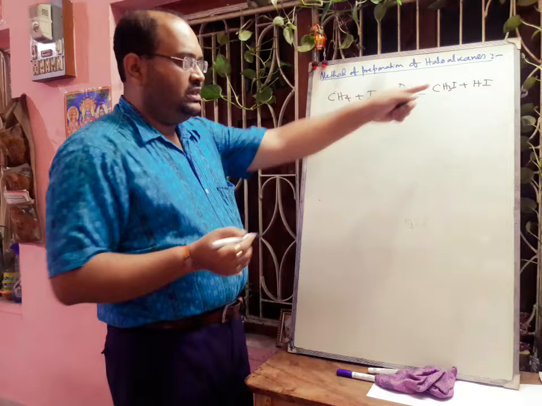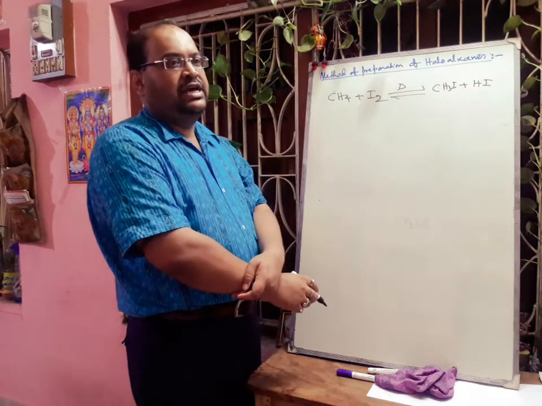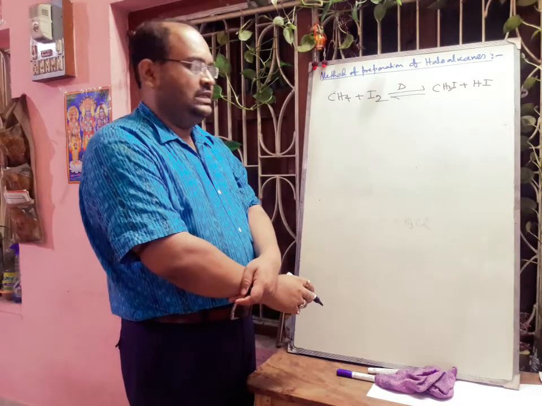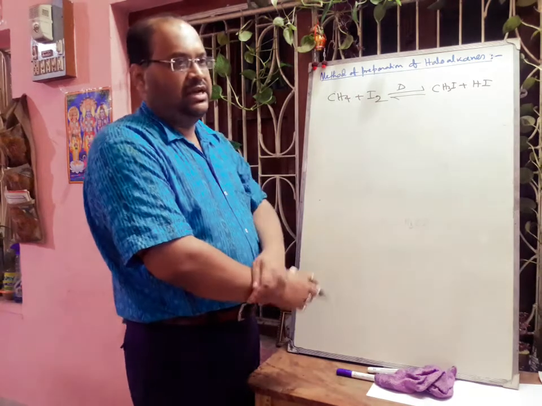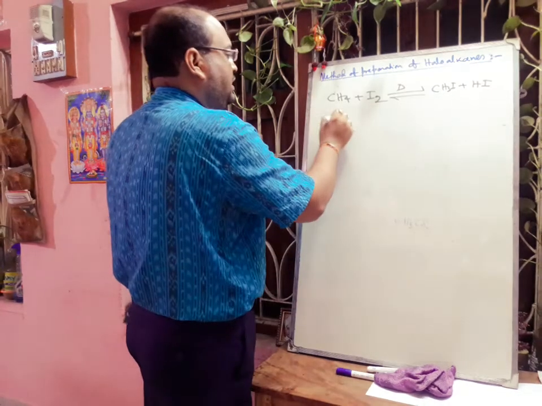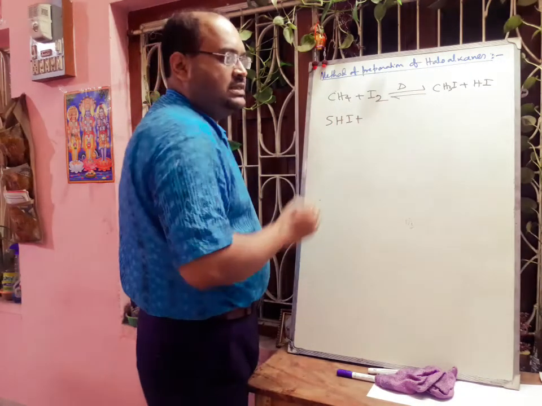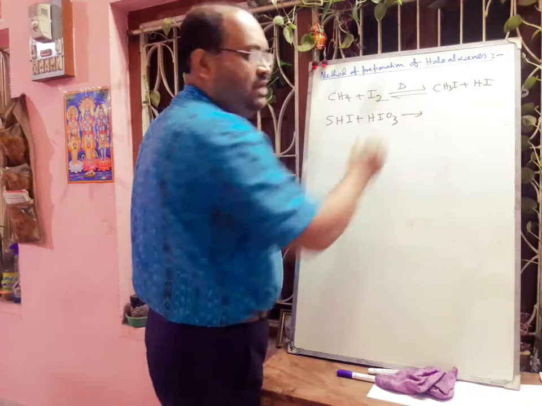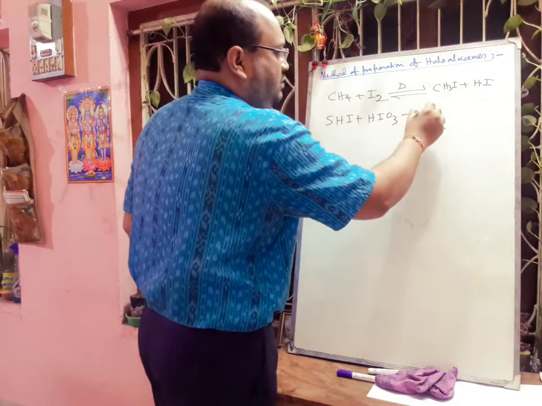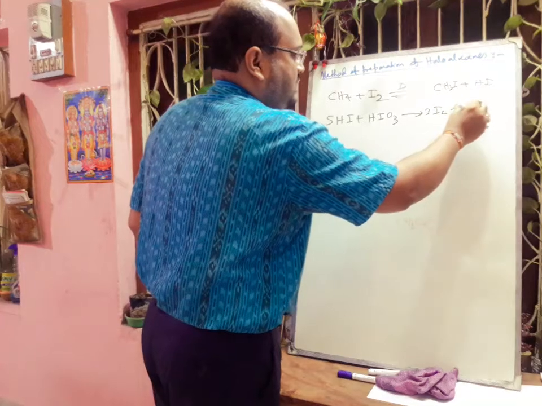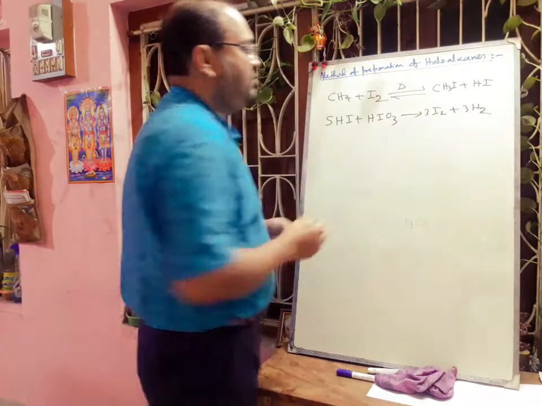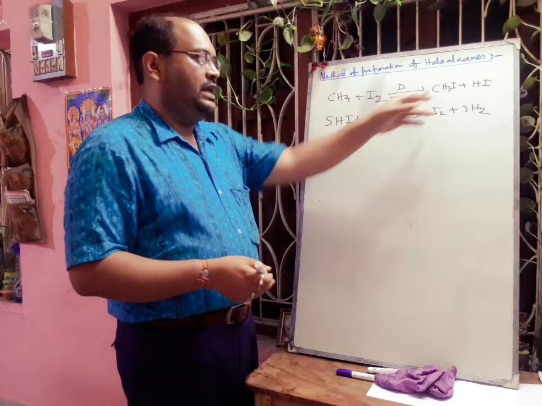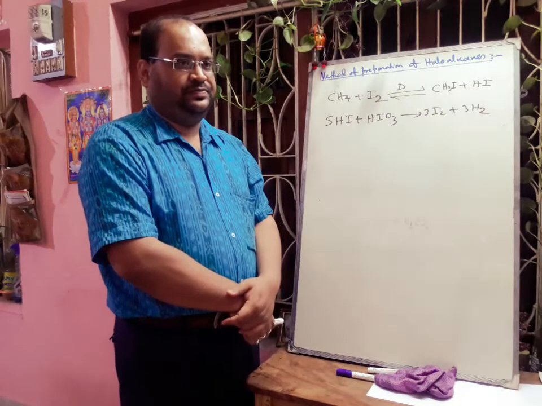And if we destroy this HI by using hydrochloric acid or nitric acid, then we can get methyl iodide. So here we are giving 5HI plus HIO3, then we are getting 3I2 plus 3H2O. In this way we can destroy this HI and we can get the methyl iodide.